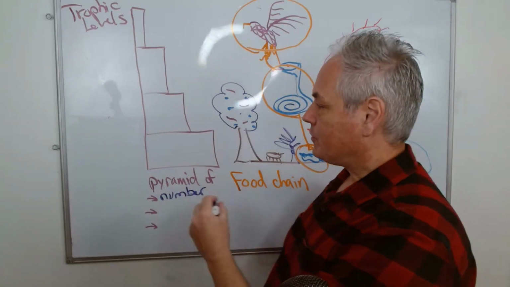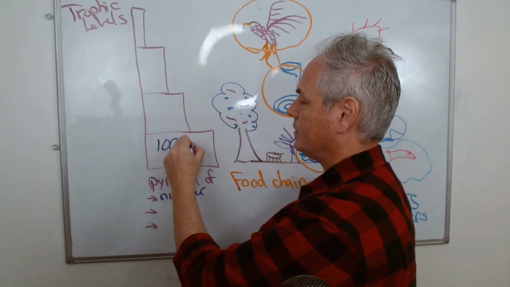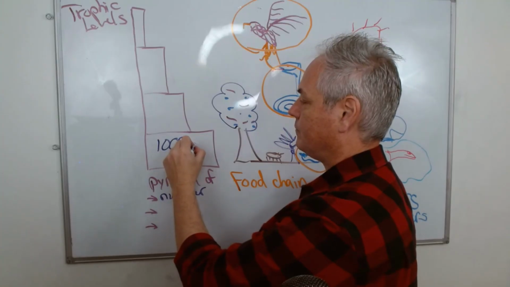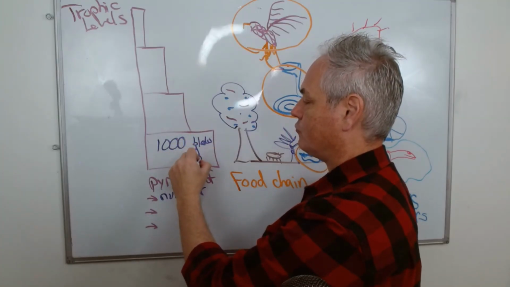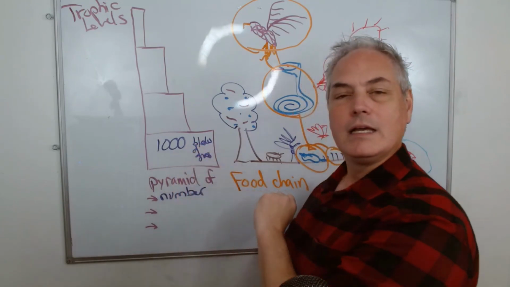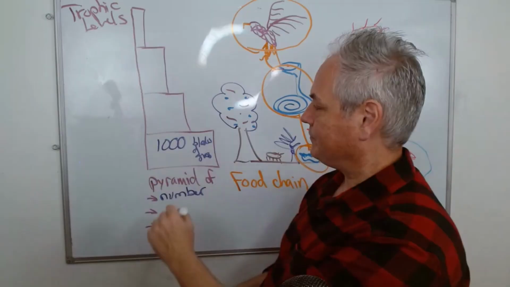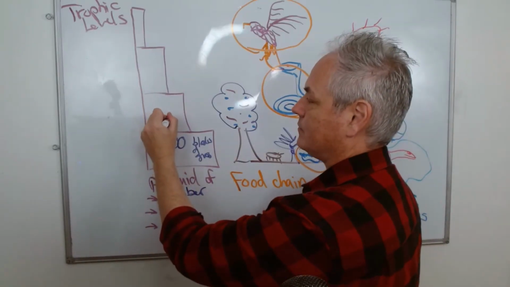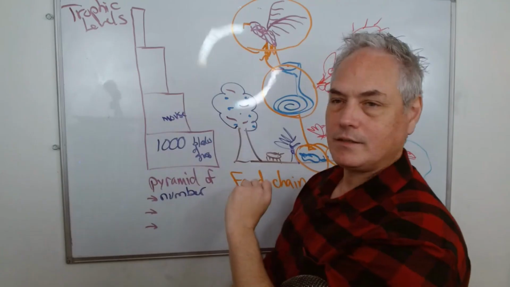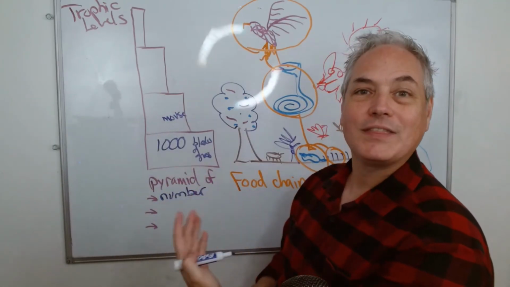A pyramid of numbers is, for example, if I have here 1,000 blades of grass. The idea here is that, as you can see, this is one side of a pyramid. So grass is amazing, but we have our mouse right here. 1,000 blades of grass cannot feed 1,000 mouse.